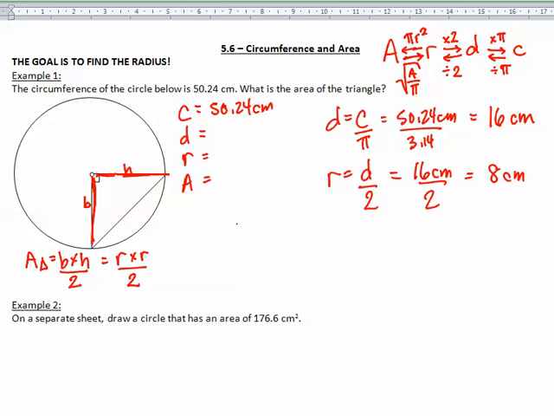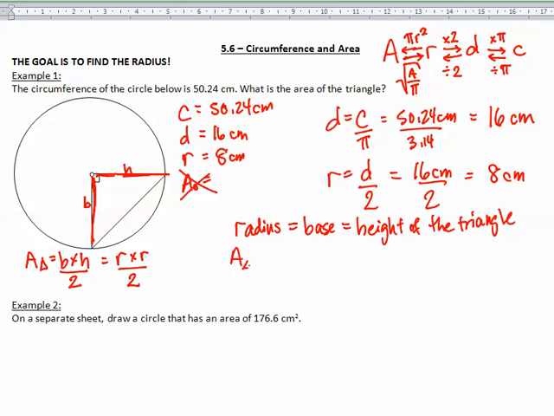So the radius is the same thing. Let me just fill in what we don't know. The question asks nothing about the area of the circle, so I don't need to find that. But I am concerned about the area of the triangle. So I just need to make a note here that the radius is equal to the base is equal to the height of the triangle.